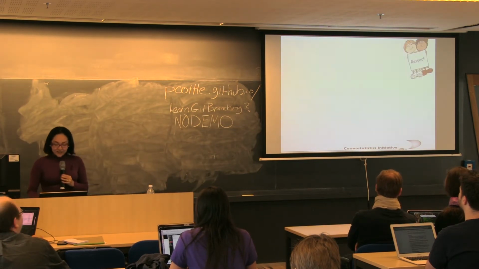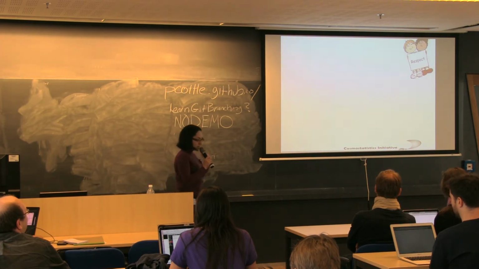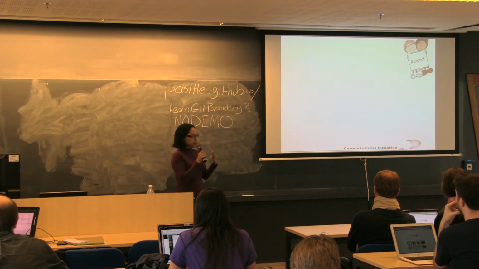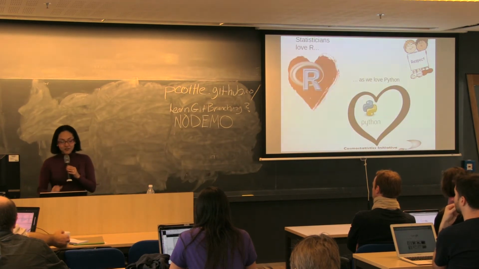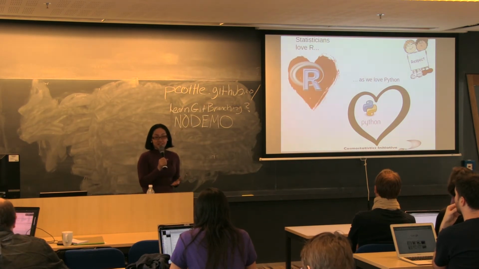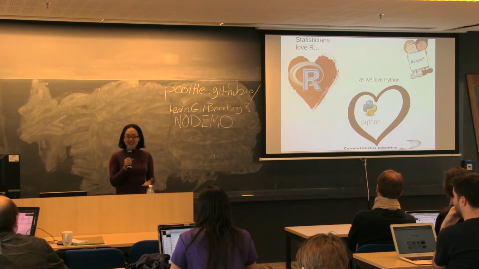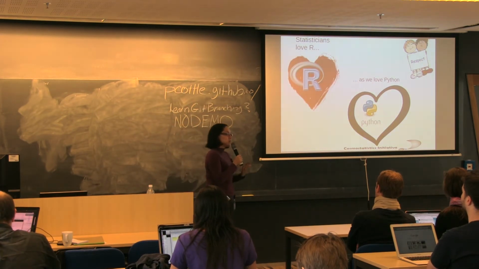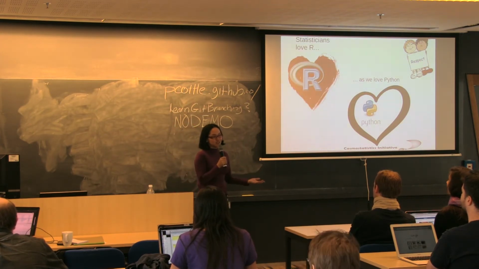Okay, so when we start to think about collaborating at this level, the first thing we have to do is respect each other in one of the most profound ways. And one thing we have to understand is that statisticians love R as we love Python. And you're not going to change that. If you want to collaborate with them, you have to respect that, and you have to understand that many times you are going to have to be willing to understand a few codes in R, even though you don't need to use that in your daily life.